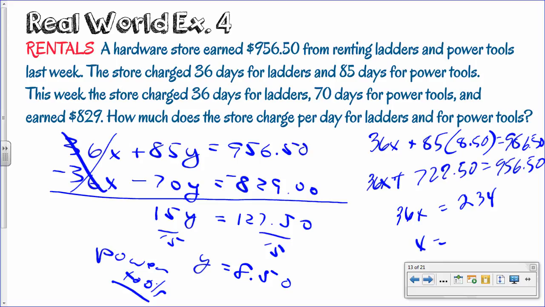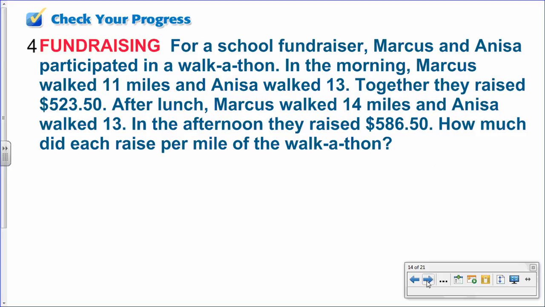Then divide by 36. So $6.50. For what? Ladders. Okay? Got it? I may put that one on the CYP. That's a good one. So there's one.